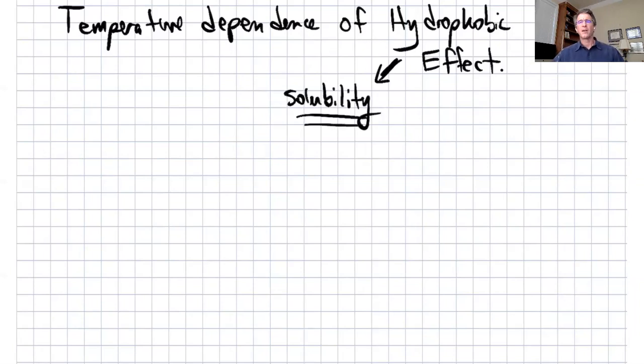In other words, the hydrophobic effect, to some extent, really is an expression of how soluble hydrophobic stuff is in water, which is not very, right? So what we're going to be thinking about here, essentially, is how the solubility of hydrophobic stuff in aqueous solution varies with temperature.